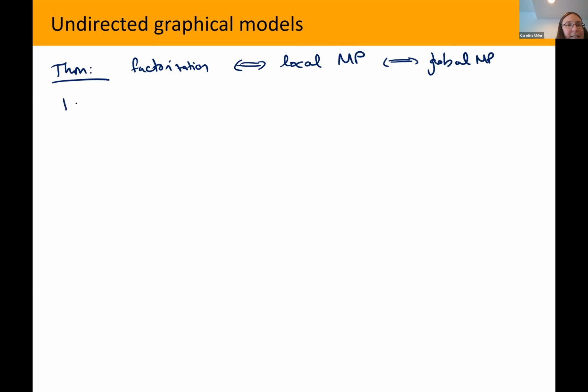And in fact, the global Markov property is complete, meaning you cannot add more conditional independence relations than these.